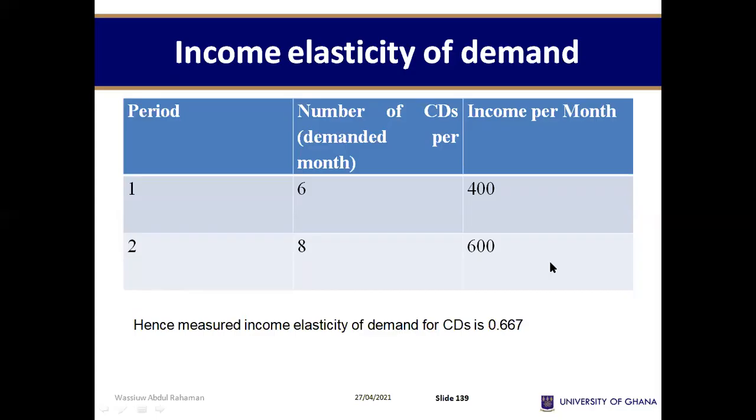So now to find the percentage change in income, it is the new income value minus the old income value, and you divide the answer by the old income value and you multiply by 100. That will give you the percentage change in income. So let me just switch to the whiteboard to explain this to you.